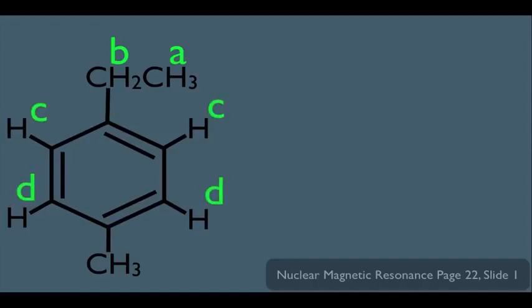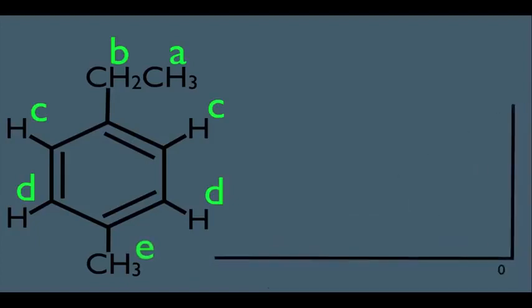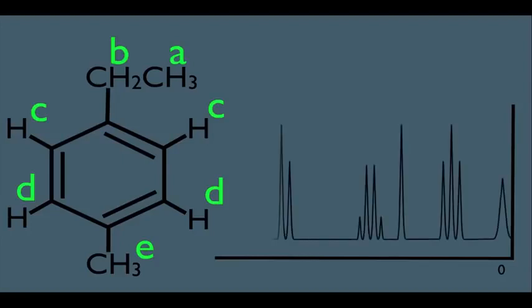These would be D-type hydrogens, and the hydrogens on the methyl would be the E-type hydrogens. If you were to look at its actual NMR, you would see peaks that look like this. And take my word for it right now, these would be the hydrogens due to the C and D hydrogens. Again, notice they're directly connected to a benzene ring, and they peak at around 6.5 to 8 ppm.